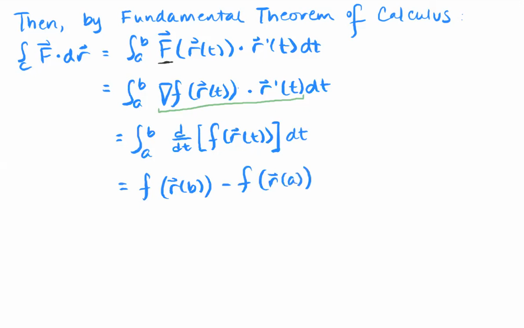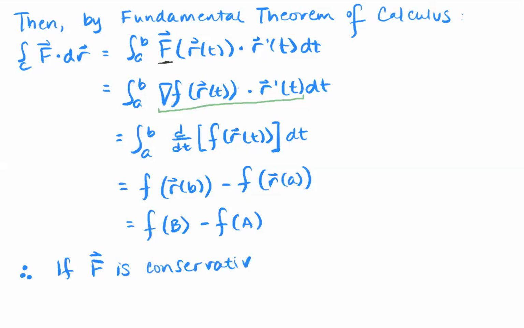And then, of course, I designated at the beginning that r of b is point B and r of a is point A. So therefore, I proved that if F is conservative, then the line integral over C of F dot dr equals f of b minus f of a. Ta-da!